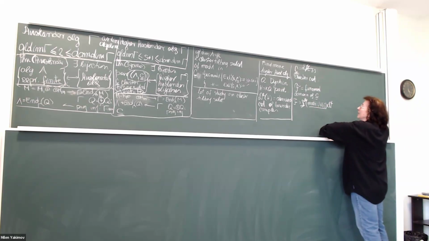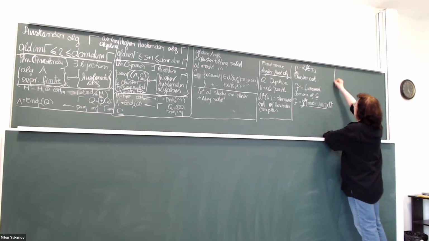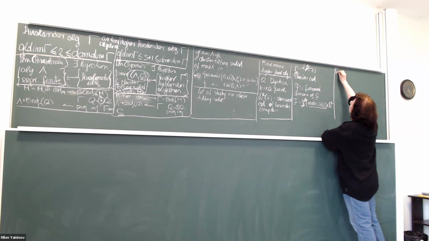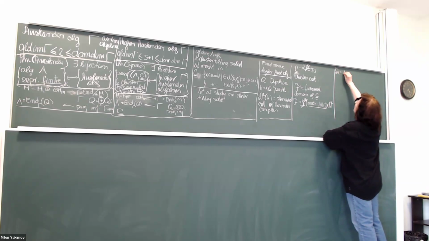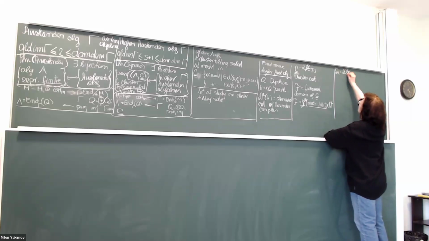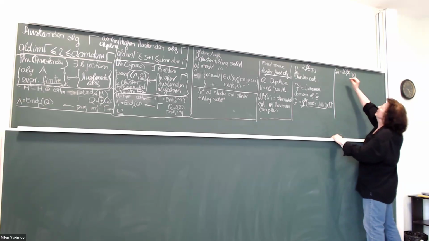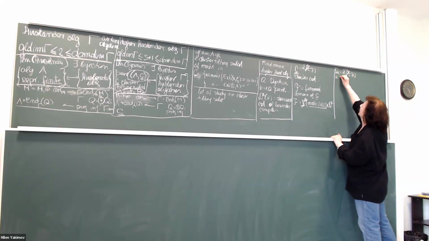But then we also define C_K to be the derived category modulo tau^{-1} shifted K. So this is the K cluster category.